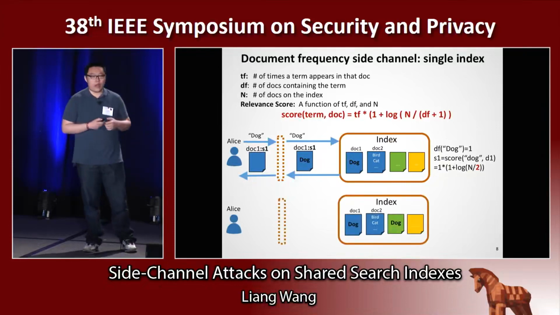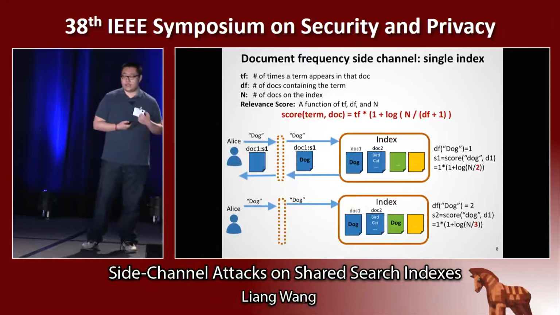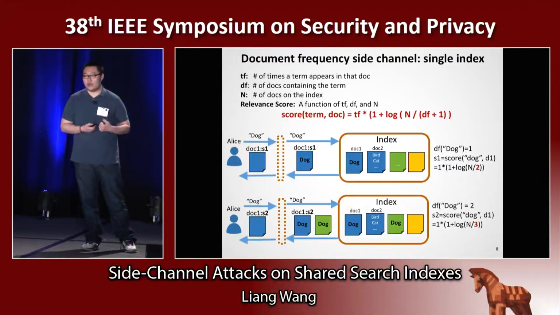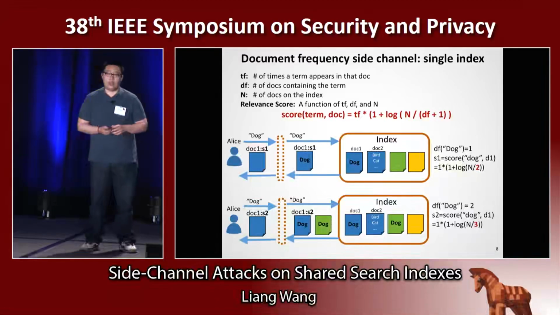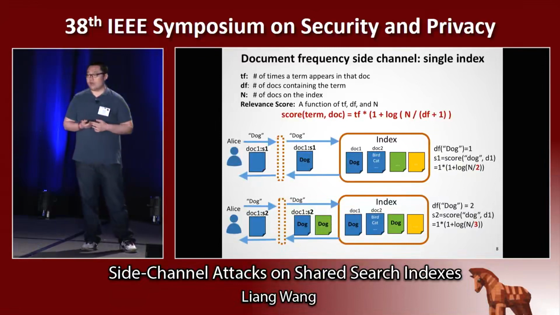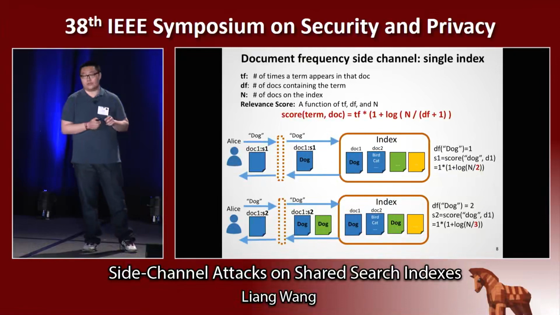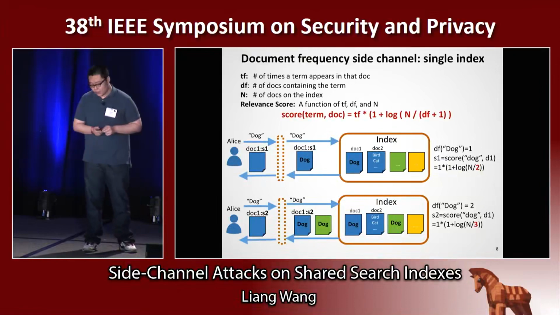In this case, when Alex searches for the keyword dog again, she will see the relevance score of doc1 become S2. And according to the relevance score function, S2 should be lower than S1. So this basically gives Alex an oracle to determine if any other documents on the index contain a term of interest.